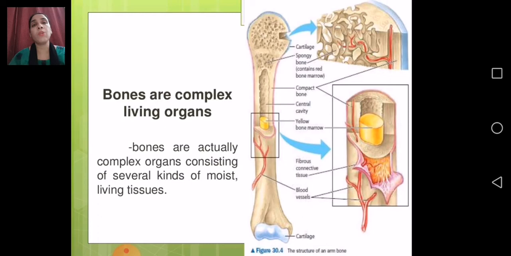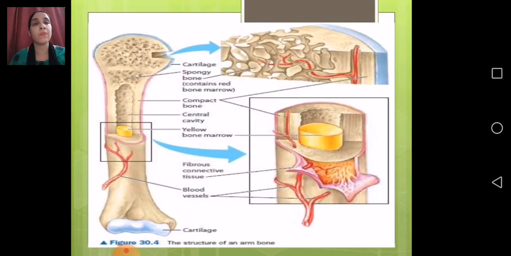Now bone marrow, you have sometimes heard about it, is present inside the bone. Then there are blood vessels, which are also present inside the connective bones. Next you can find the arm bone.